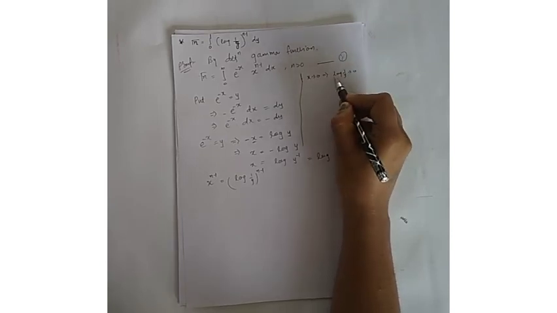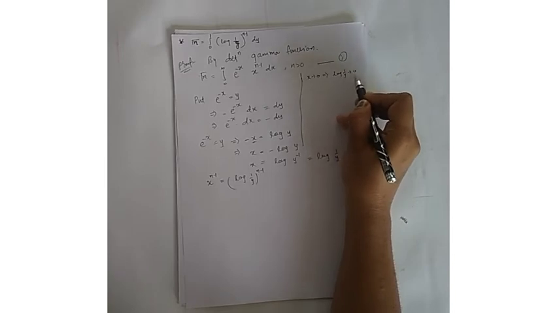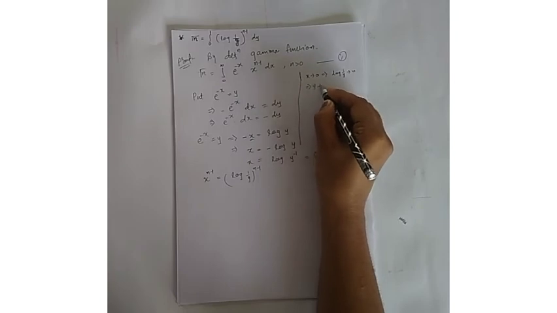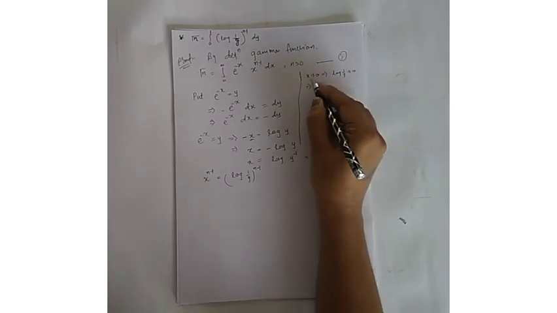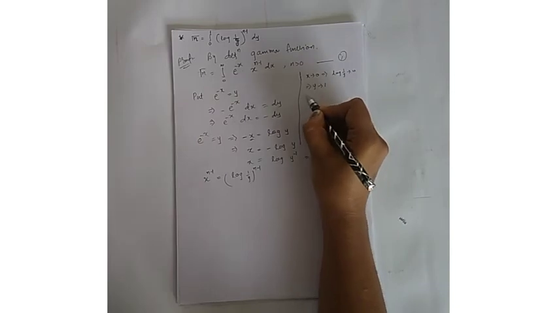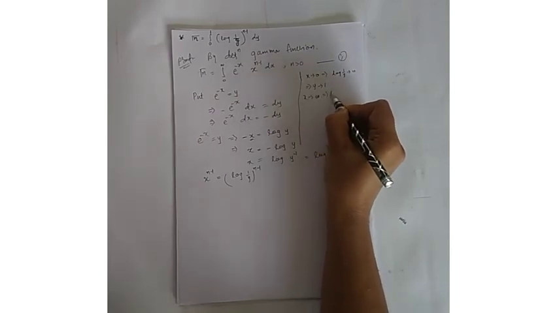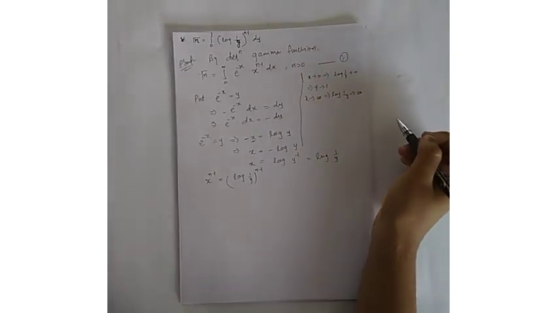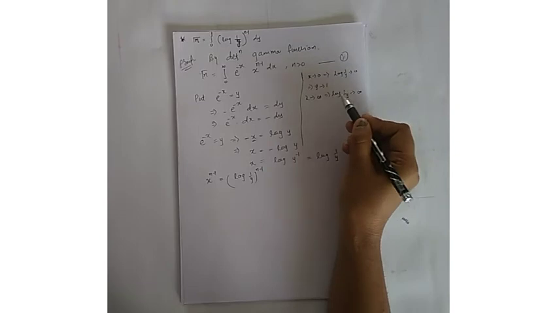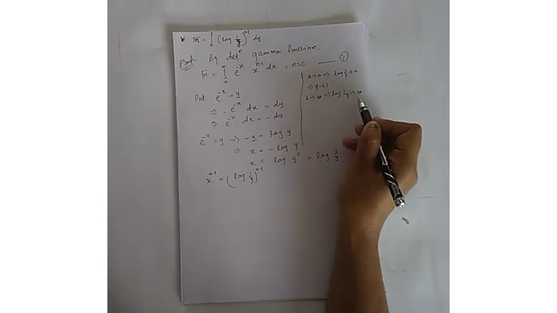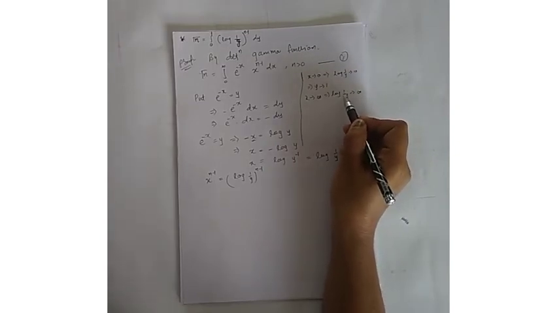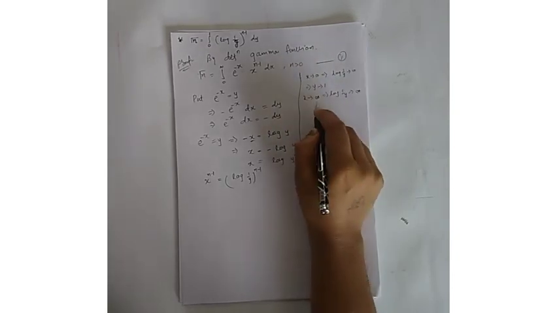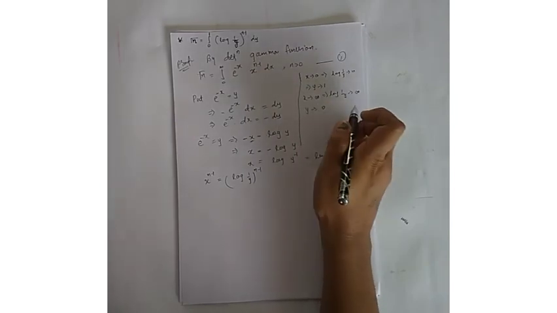It means when this term goes to 0, y tends to 1, so that x tends to 0. And x tends to infinity will imply that log 1 upon y tends to infinity. So here log of 1 upon 0 goes to infinity, so I have to put the value of y as 0, so y tends to 0.